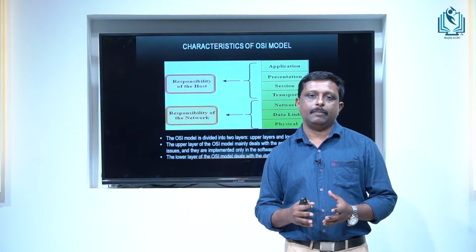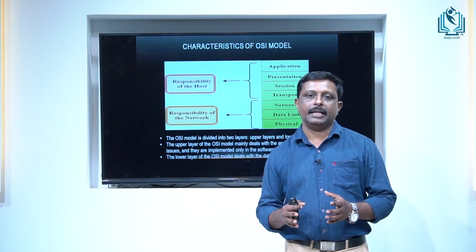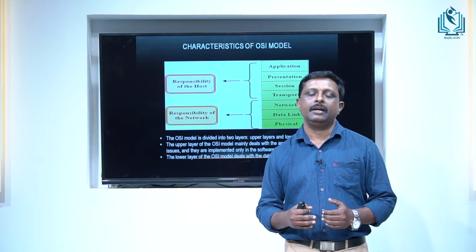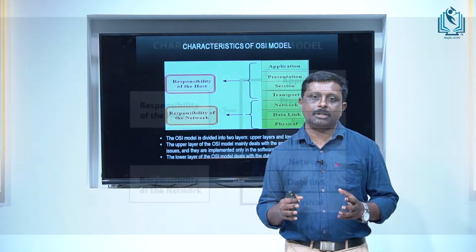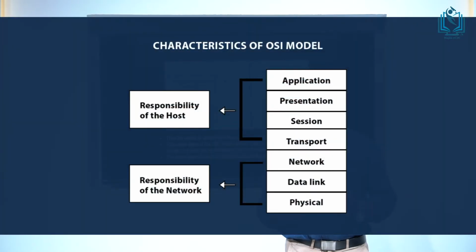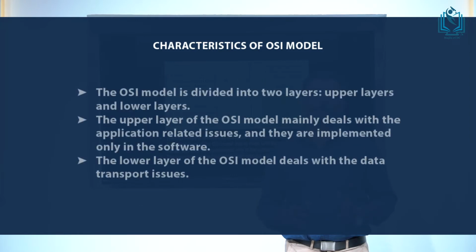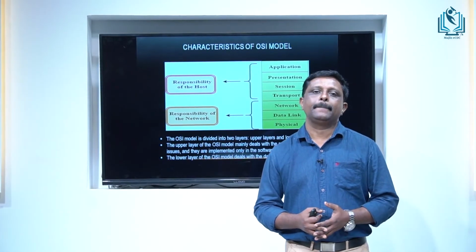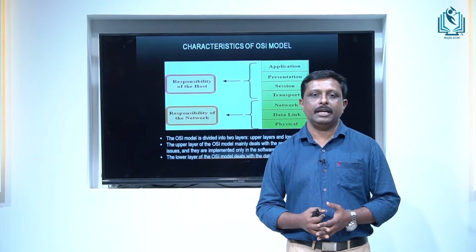The upper layers mainly deal with the host part of the network, and the lower layers deal with the network part of the networking. Network part means hardware components, that is, managing the hardware components of the network. The upper layers mostly deal with the software components of the network.